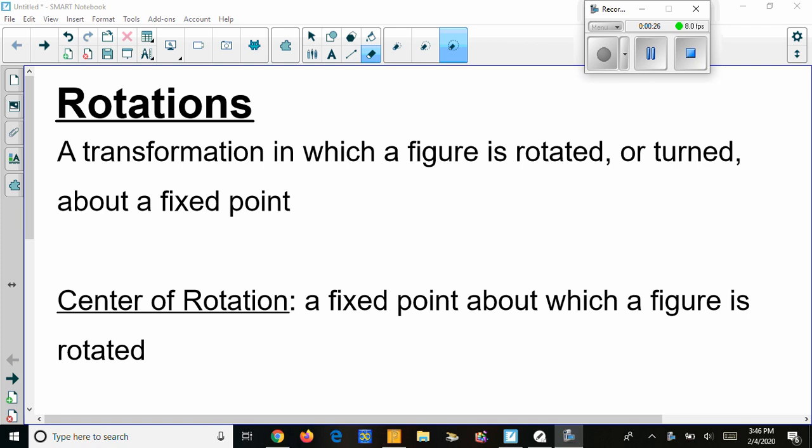So we've talked about, or will talk about, specific rules that help us when we're rotating about the origin. But in this video, I want to focus on when our center of rotation, the fixed point that we are rotating around, is a point that is not the origin.